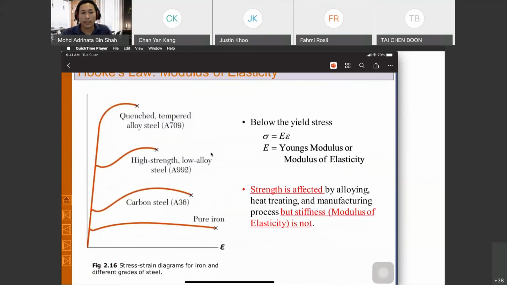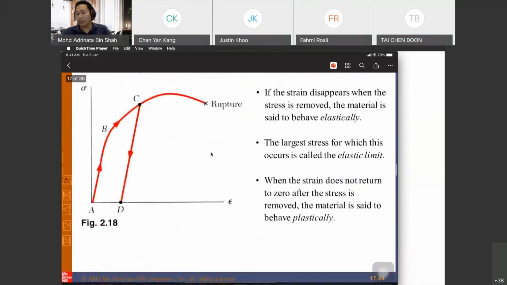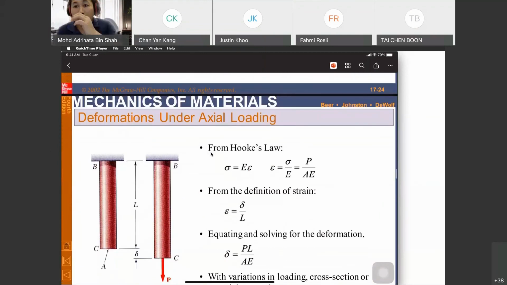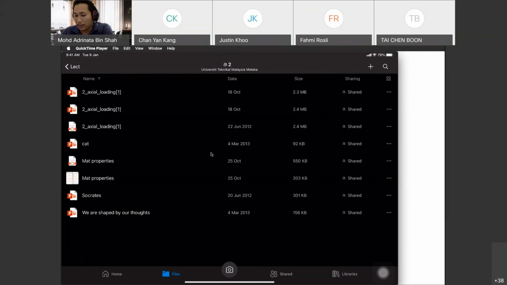This is the material for stress. Trust check, trust analysis.